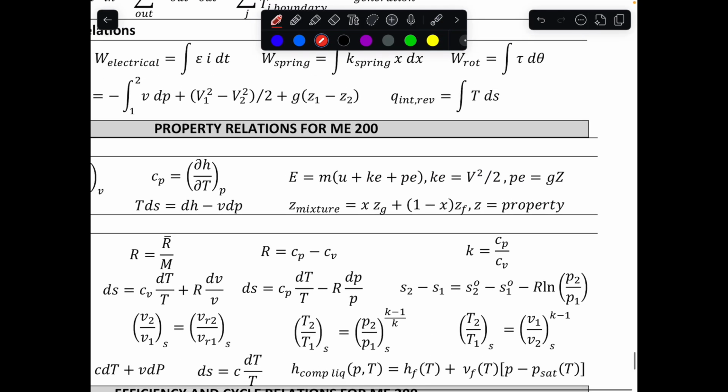We have this relationship that we can find any property at a mixed state with just the quality, and then these properties of the gaseous and fluid states. And so we can just basically plug in our V for our property. So we'll just say that Z in this case is going to be equal to specific volume for us, and then we can just plug that in here and find our specific volume at the mixed state.